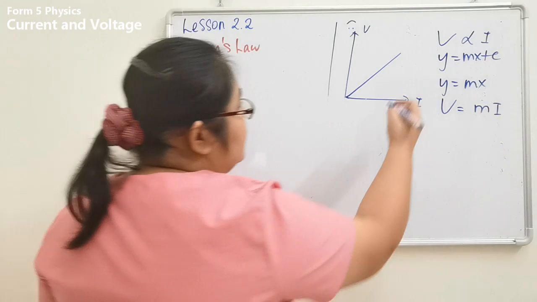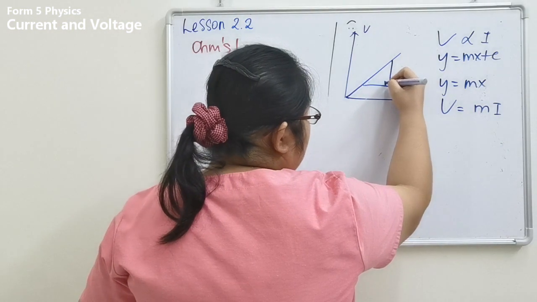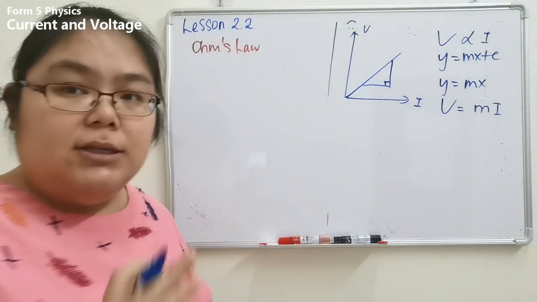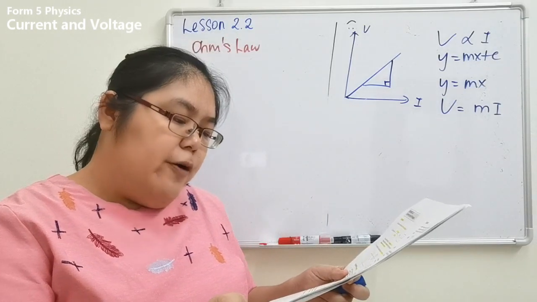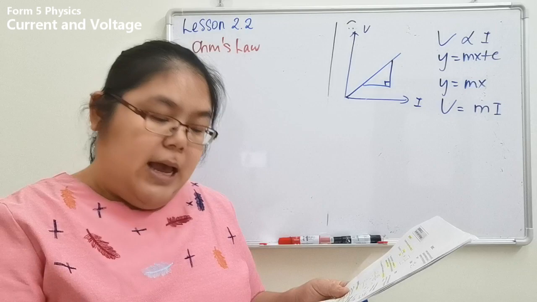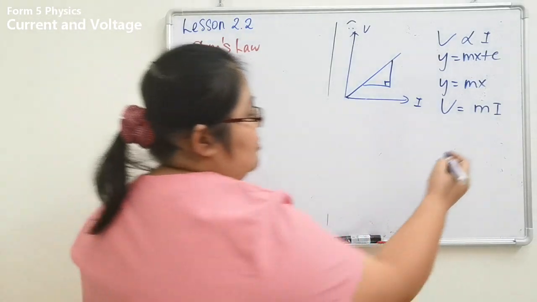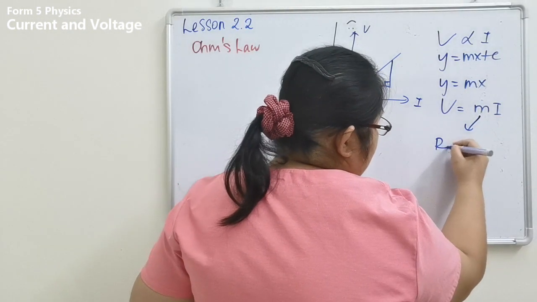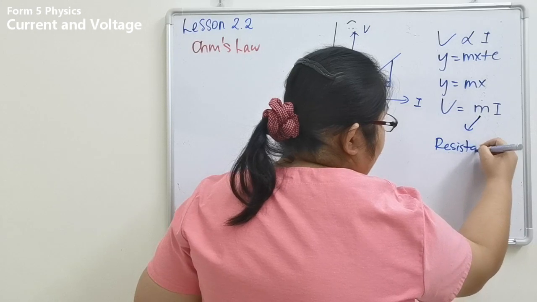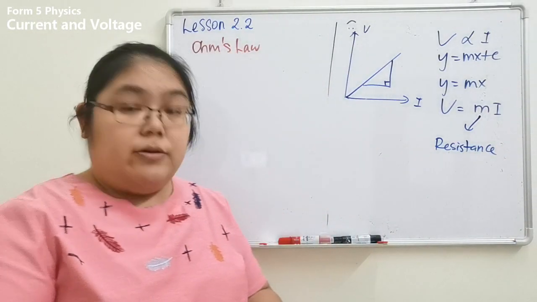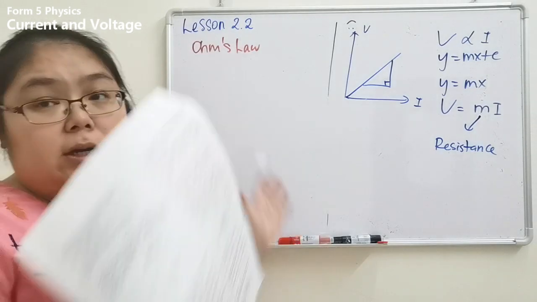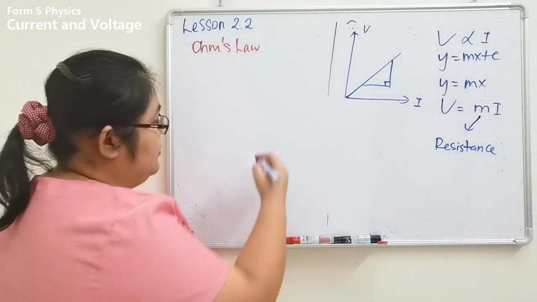This gradient has a special name, not just m. From here, the m we call resistance. Resistance for the resistor.